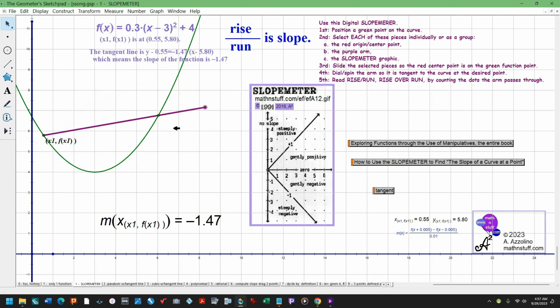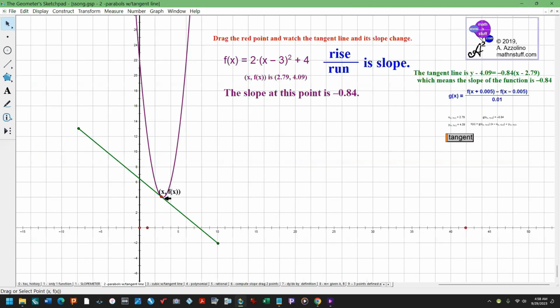Let's move the arm. And you can see now it's a slope of negative 1.47. We also have available parabolas with a tangent ready to be moved, so you can look at the slope of the tangent, which is the slope of the curve.